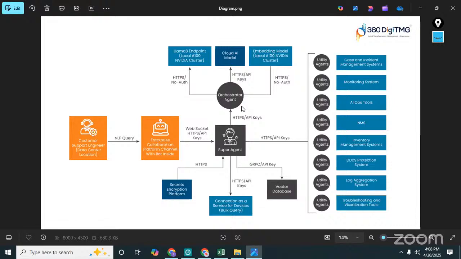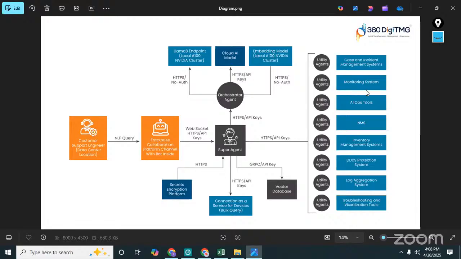Then comes the role of utility agents. These utility agents are interfacing with core systems. On the right side, we see a series of utility agents. There are many agents, each interfacing with a specific kind of tool. First one is case and incident management systems, for example, ServiceNow, Jira.